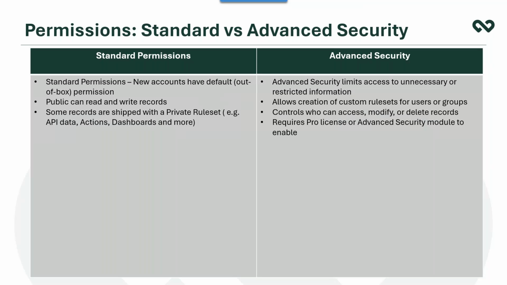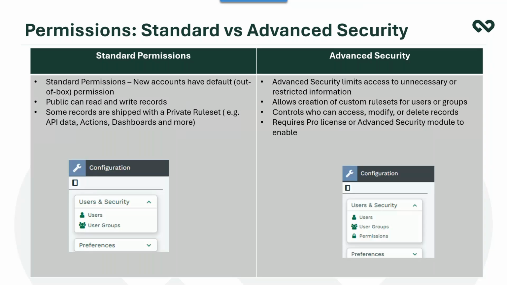To switch to advanced security, you'll need a pro license or you'll need to purchase the advanced security module. Now, these screenshots are taken from configuration under users and security. On the left, without advanced security, there is no permission section. But on the right, with advanced security, a permission section appears where permissions can be controlled.